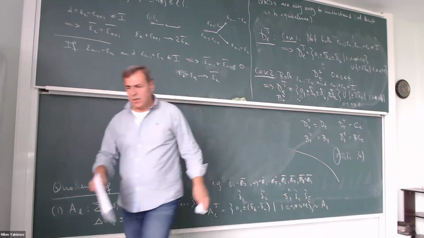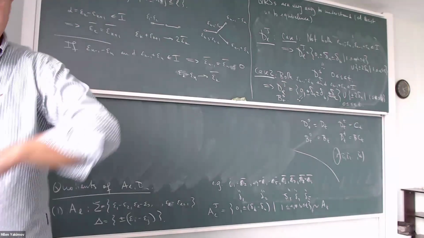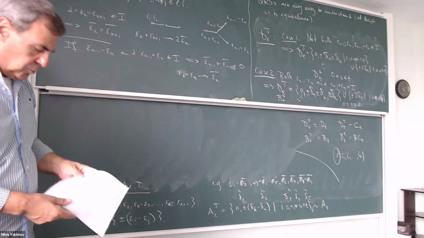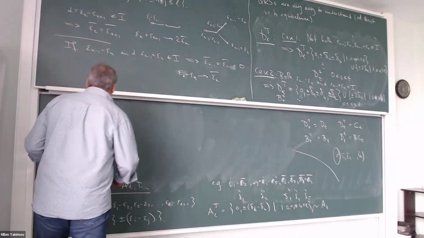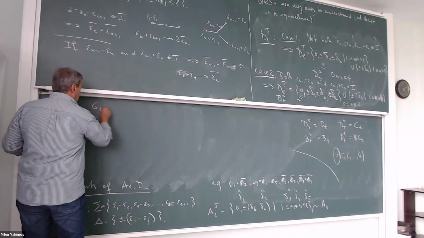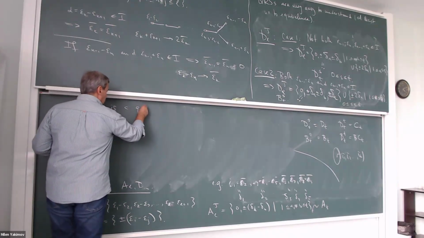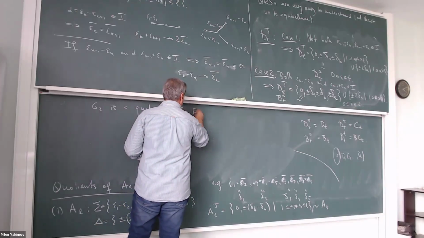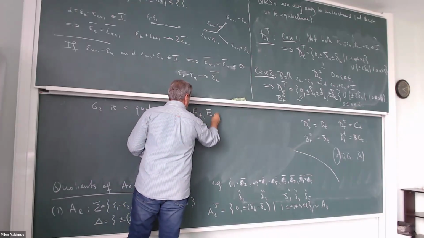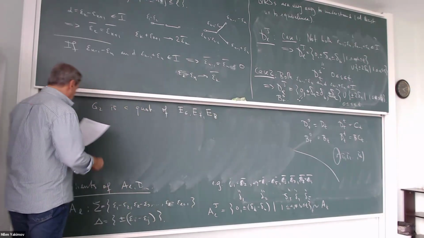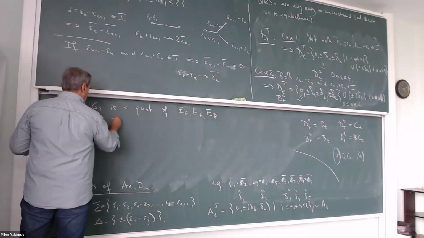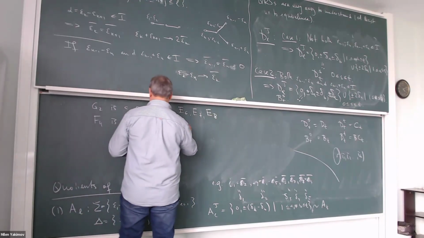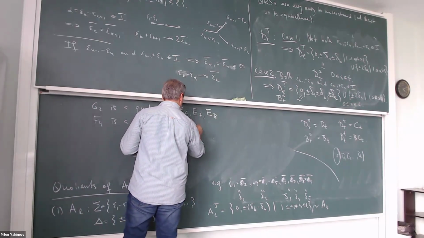In this paper with Rita, we have extensive tables that I think would be useful. Just as a curiosity, G2 is a quotient of E6, E7, E8. It is a quotient of all three of them. F4 is a quotient of E7 and E8.